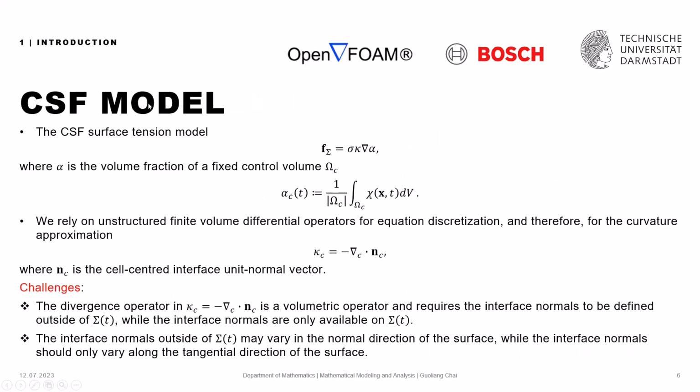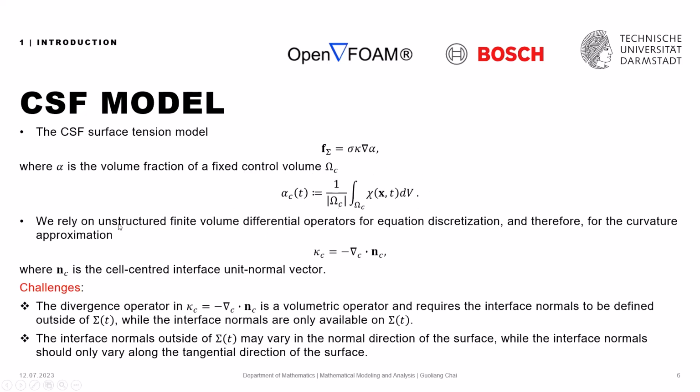For the CSF model, F sigma equals sigma kappa times the gradient of alpha. I think it's familiar to you if you know VOF and CSF very well. Alpha here is the volume fraction of a fixed control volume omega, and here is how we calculate alpha in a cell.